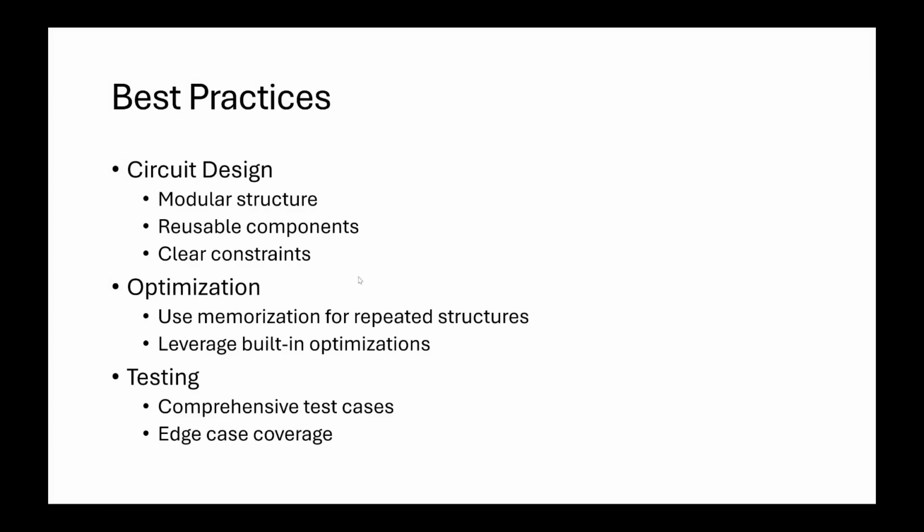For optimization, you can use memoization, or to say, subcircuits for repeated structures. Also, you will be able to leverage built-in optimizations. For testing, you are encouraged to write test cases to make sure of coverage of edge cases.